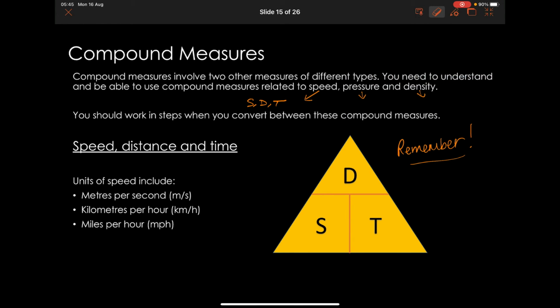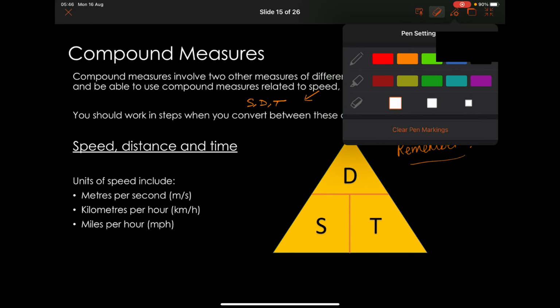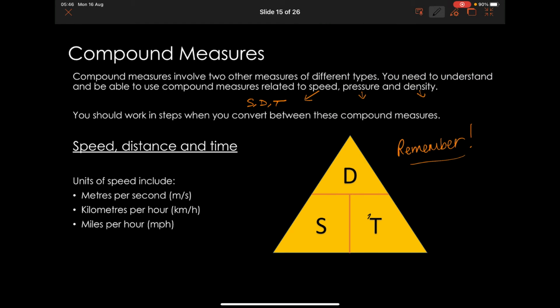If you're asked to work out the speed, we cover the speed over, in which case you would then do distance divided by time. And then finally, if you're asked to work out the time, we cover over the time and we do distance divided by speed. Okay, so that's basically all you have to do.